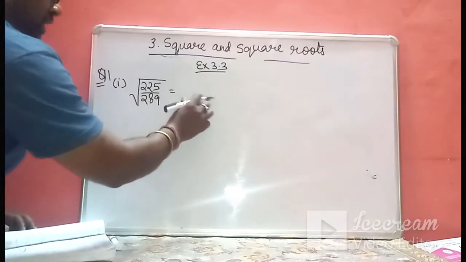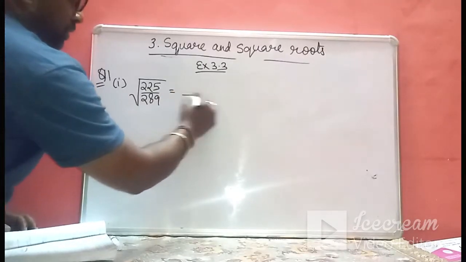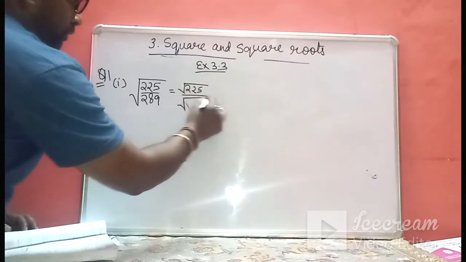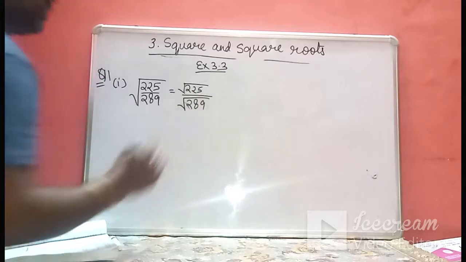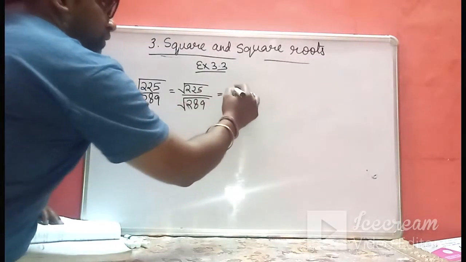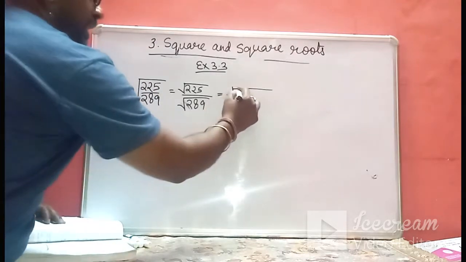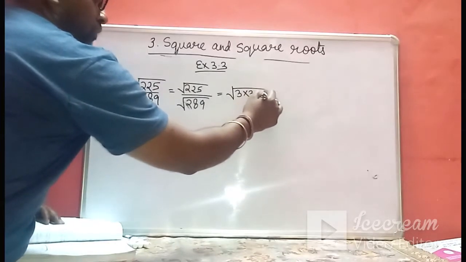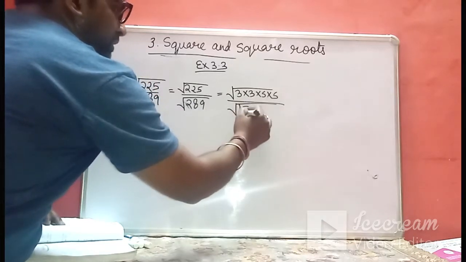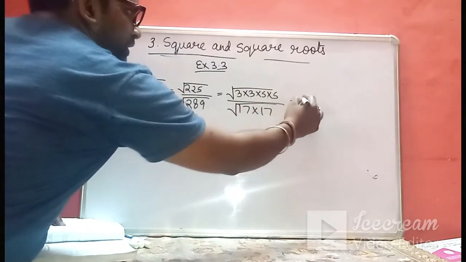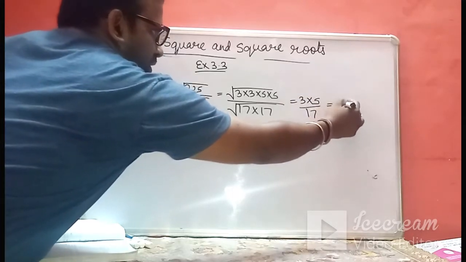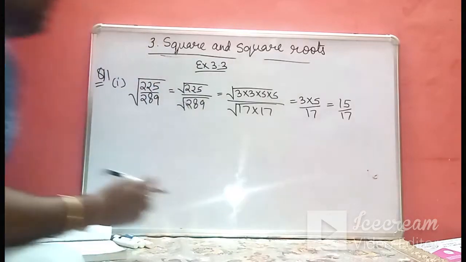So this is a rational number. We will calculate the square root of 225 and the square root of 289 separately. If you do the prime factorization of 225, you will get 3 into 3 into 5 into 5, and 289 will be 17 into 17. So this is 3 into 5 upon 17. So our answer is 15 upon 17.